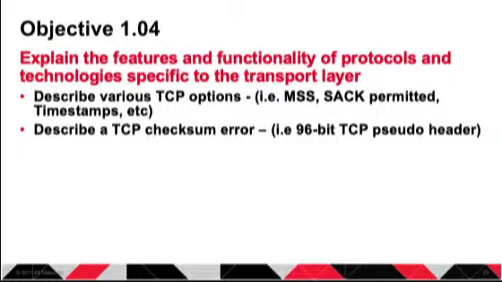Understand that TCP provides checksum value and checksum error correction for us as well. So not only is it a reliable protocol, but it actually gives us the ability to know that the data being sent is reliable by doing the checksumming on it. As TCP is sending, the TCP stack sends a packet or segment of data, and it wraps that segment of data in a 96-bit pseudo header and calculates a checksum value against it.